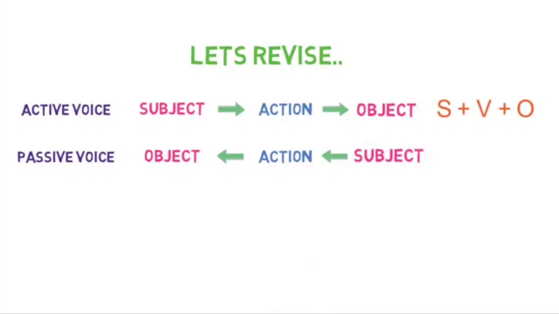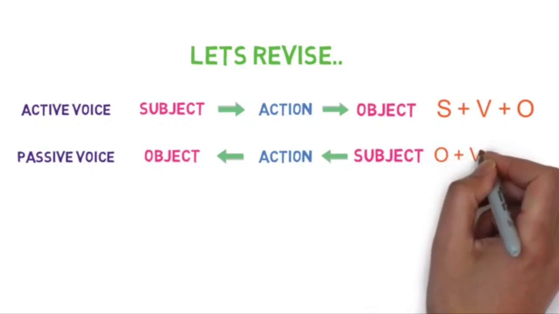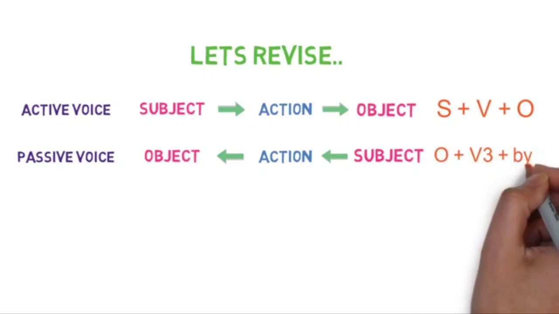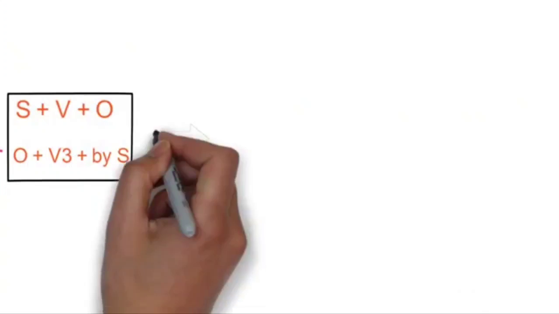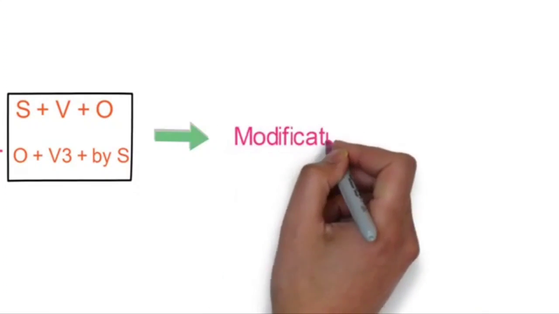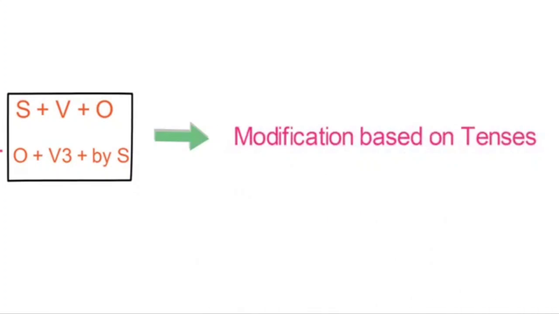The general sentence structure of passive voice is object plus verb 3 plus by subject. Children, these are the general structures of active and passive voice, and there will be a modification of structure based on the tenses. So that we are going to see now.